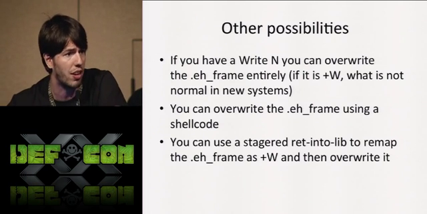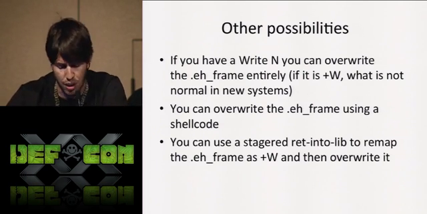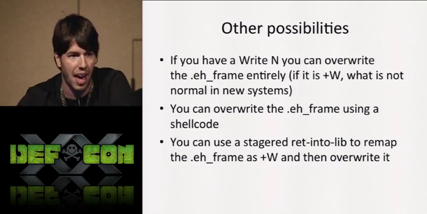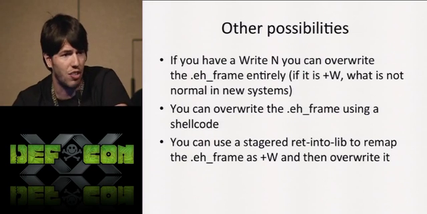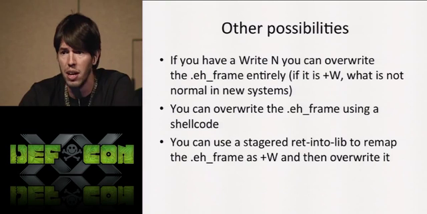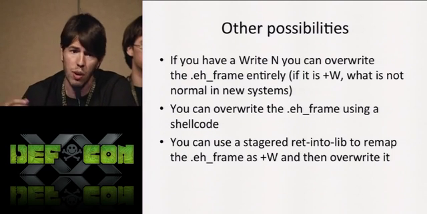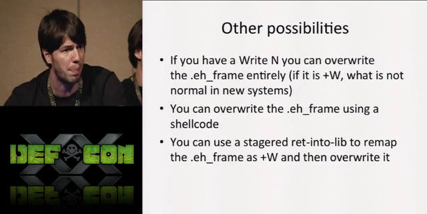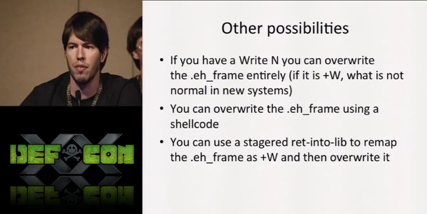You write a minimalistic shellcode that just moves things around in memory. Of course, you can also use a staged return-to-libc and do the same with the EH frame area. Those are other possibilities that are much simpler than the one we're showing here, where you have a basic primitive and then need to leak and get the information of the pointer. More details are available in the paper.